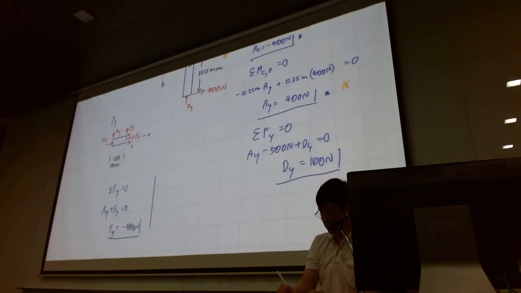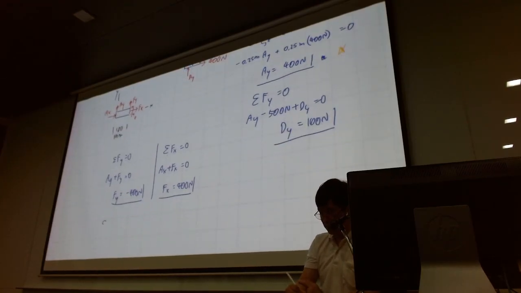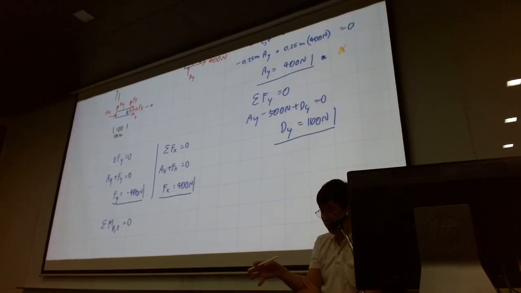So that's the first. Summation of the force in the x equal to 0, so ax plus fx equal to 0, fx equal to minus ax, which is also 400 Newton. And then the last, summation of the moment, I usually call this point so that if you make any error in finding fx, fy, it's not going to be a running error if you pick the point like that.